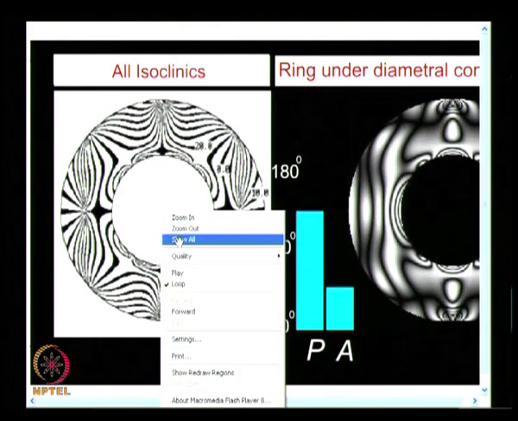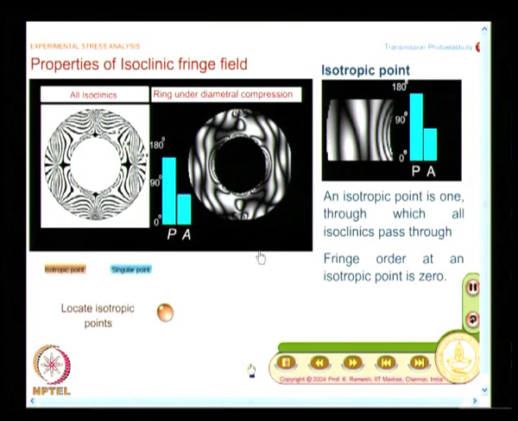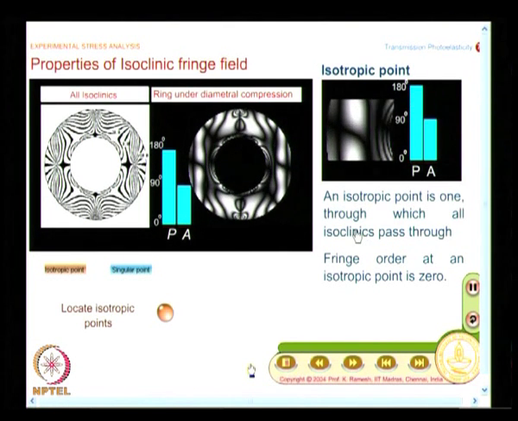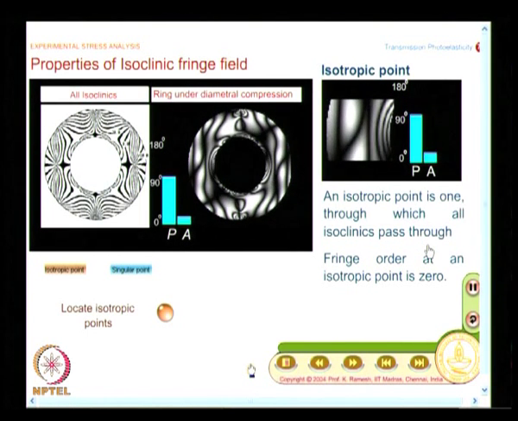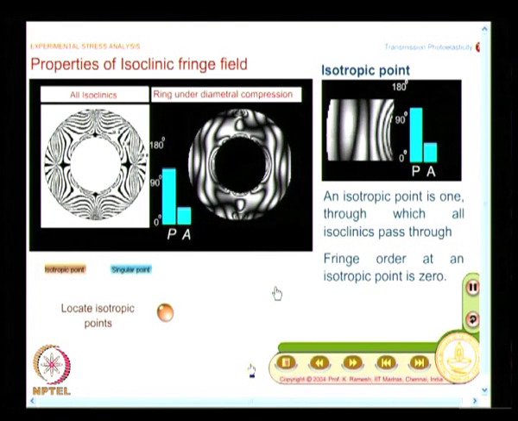Now, what we will do is see what an isotropic point is. An isotropic point is one through which all isoclinics pass. I have already helped you tune your eyes to see that there are points in the model domain where all isoclinics pass through.